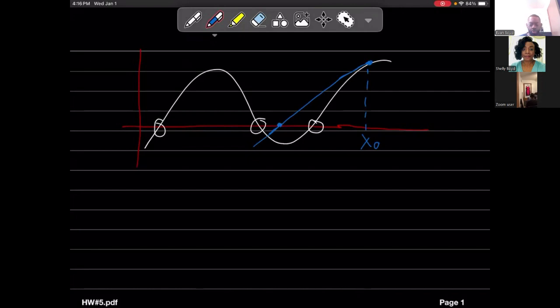From this root, we determine where it fits on the actual function. Here, this would be our x1, and from our approximation root, this will just keep shooting out roots for us.